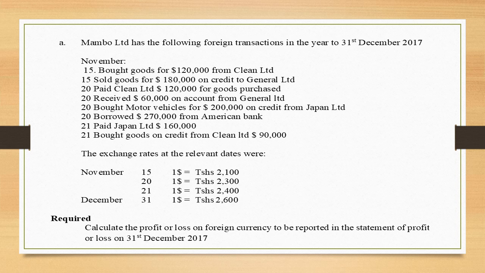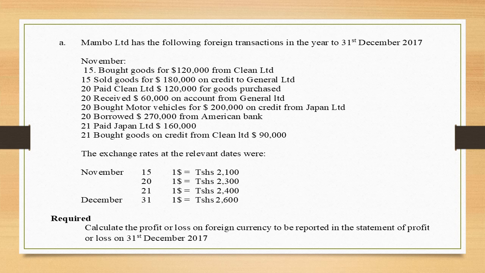On 15, $1 US was 2,100, and on 20, $1 US was Tanzania shillings 2,300, and on 21st, $1 US was equivalent to Tanzania shillings 2,400, and on 31st, $1 US was equivalent to Tanzania shillings 2,600. Required: calculate the profit or loss on the foreign currencies to be reported in the statement of profit or loss on 30 March 2017.